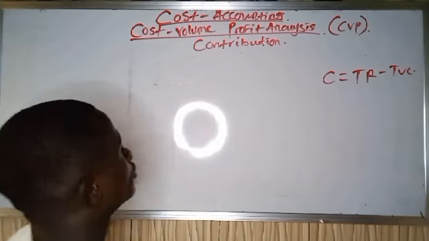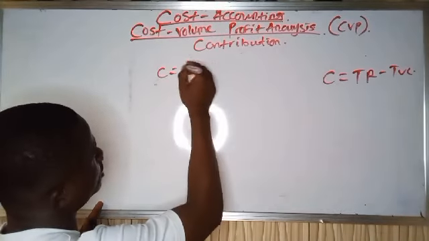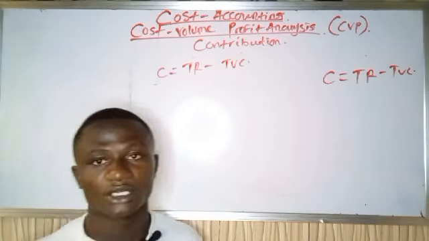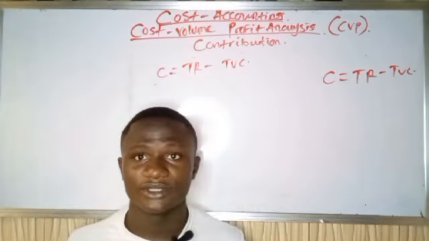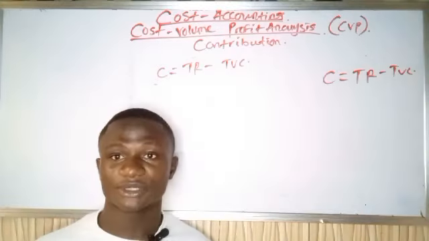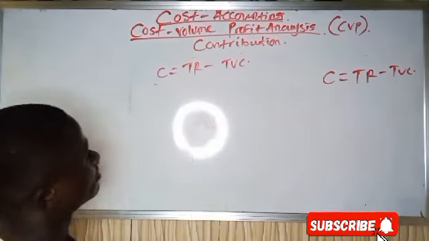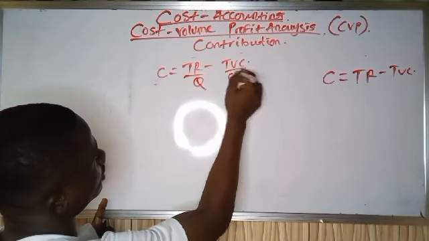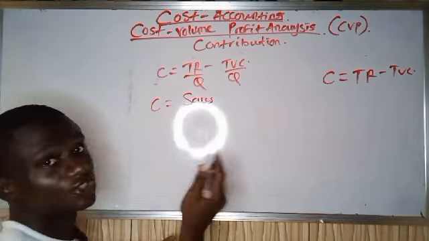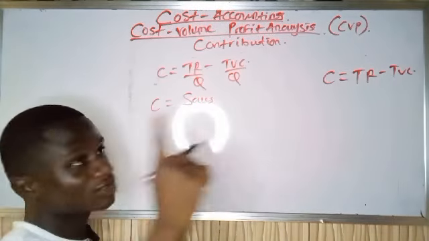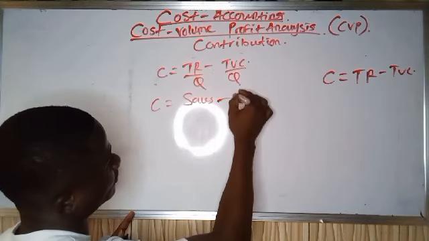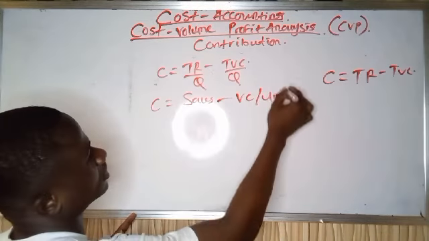So we've established that my contribution is equal to total revenue minus total variable costs. And this is in total. If you want to express it in units, just divide everything by quantity. Total revenue divided by quantity is your selling price per unit, minus total variable cost divided by quantity, which is variable cost per unit.